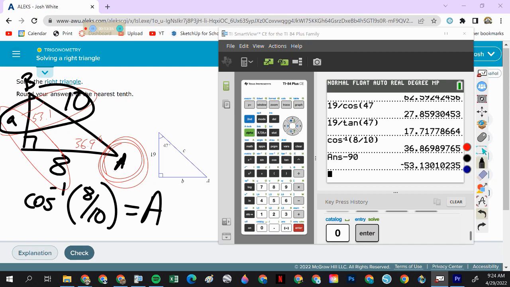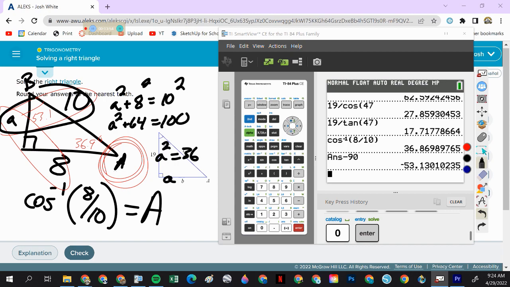Once you have two sides of the triangle, you have a bunch of possibilities to find the third one. So I'm just going to do a squared plus 8 squared equals 10 squared. So that's a squared plus 64 equals 100. Subtract 64, and a squared is equal to 36. So a is 6. We good there?